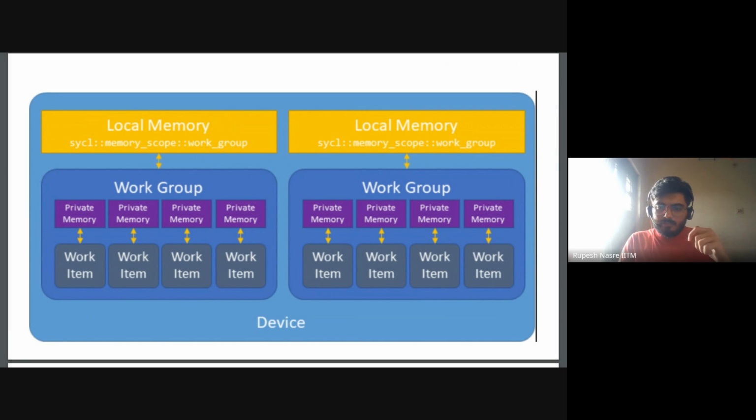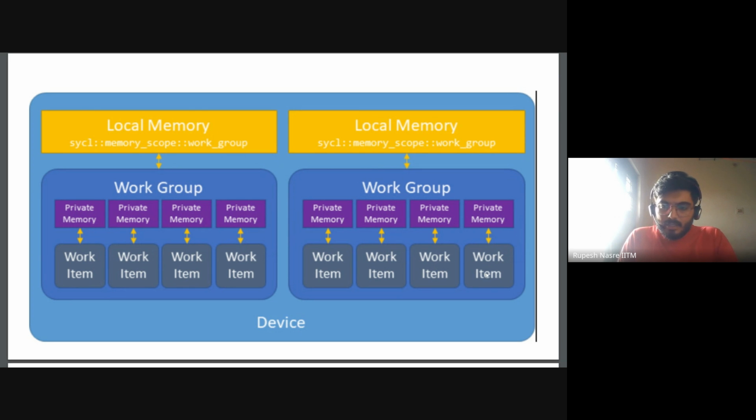Let's take this diagram. There are eight work items, and we are launching eight work items and forming two work groups. Suppose the global IDs of the work items are 0, 1, 2, 3, 4, 5, 6, 7.